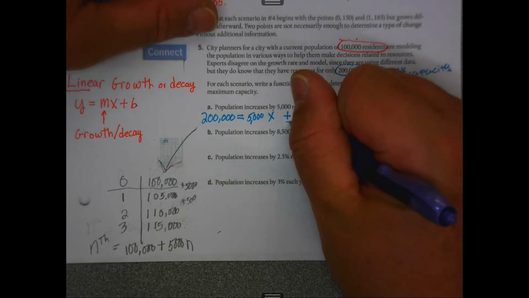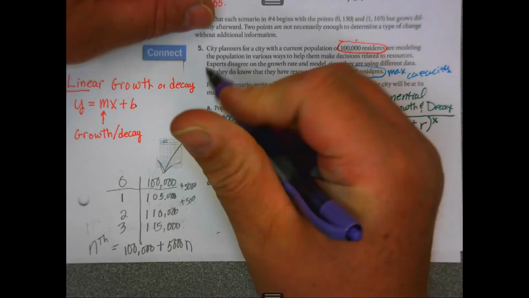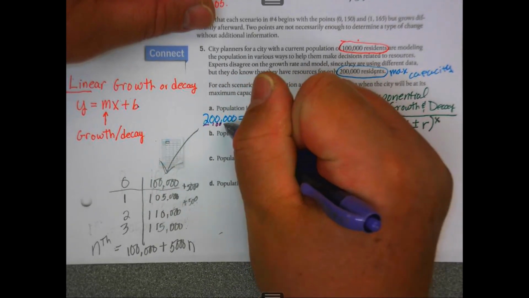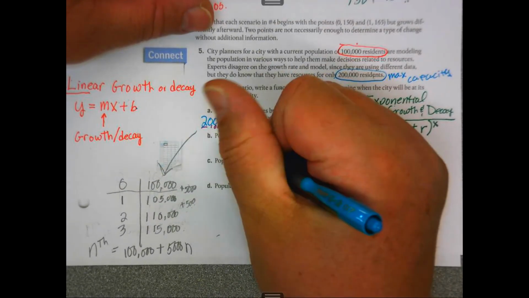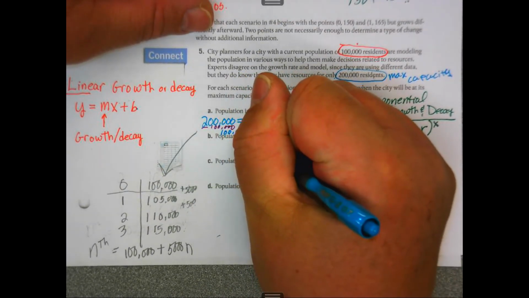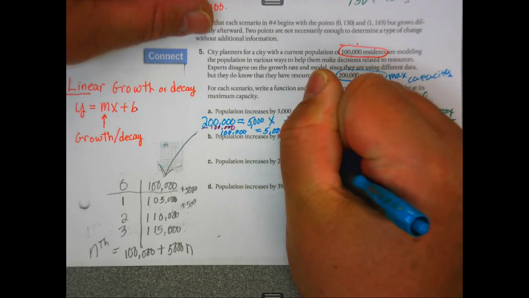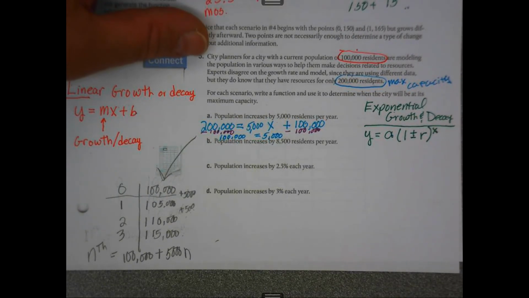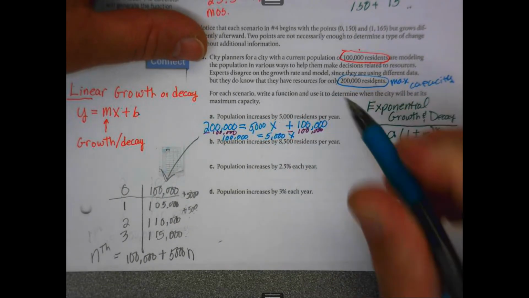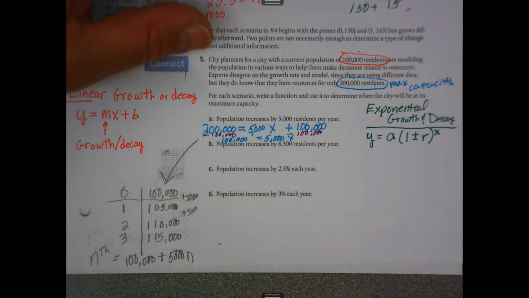I would subtract 100,000 from each side. You got 100,000 equals 5,000x. Divide both sides by 5,000. So x is going to equal 20 years.